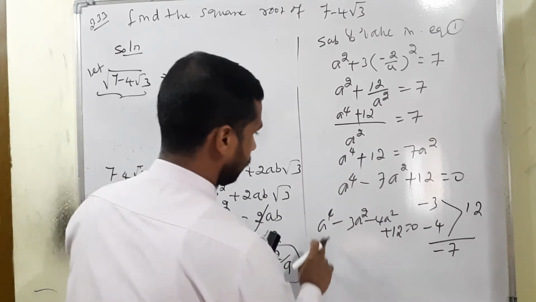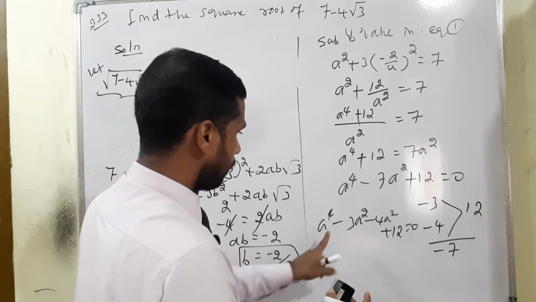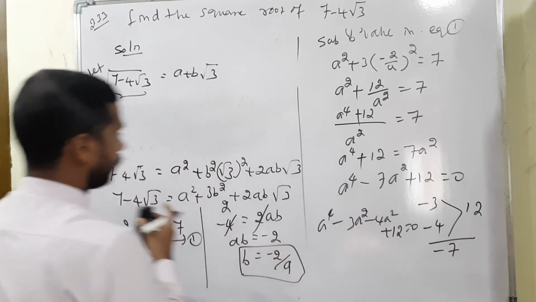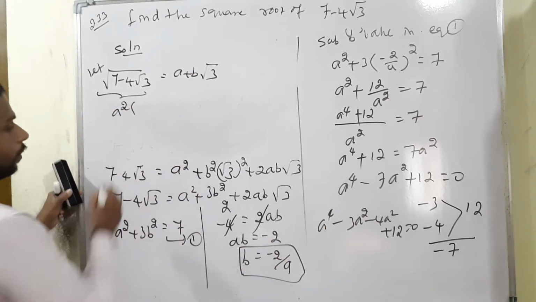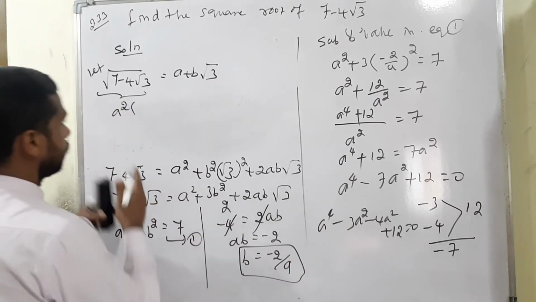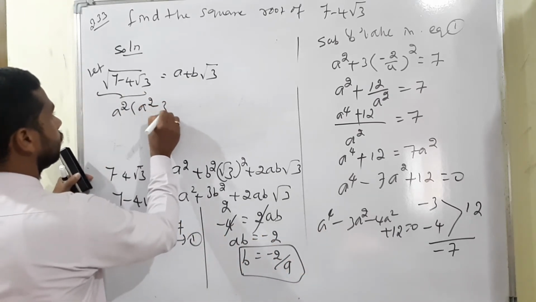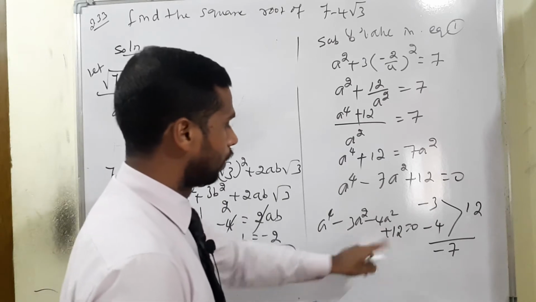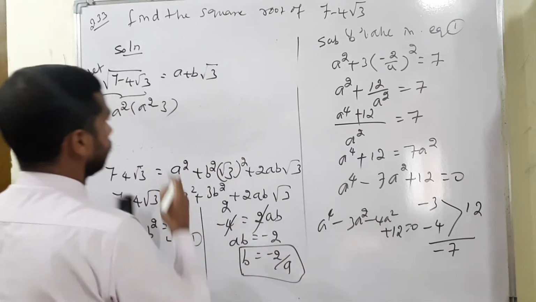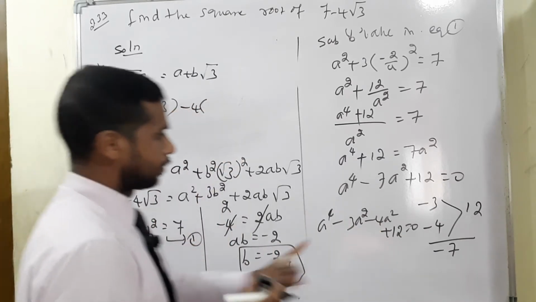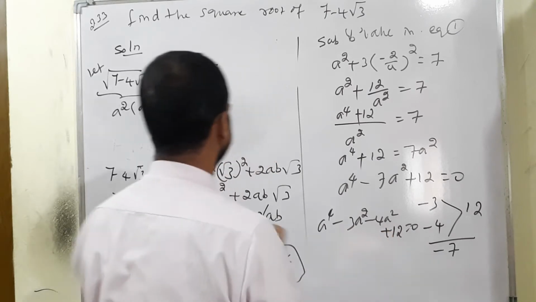Taking a square common from the first two terms, a square minus 3 will come. From the next two terms, taking minus 4 common, a square minus 3 will come, isn't it?